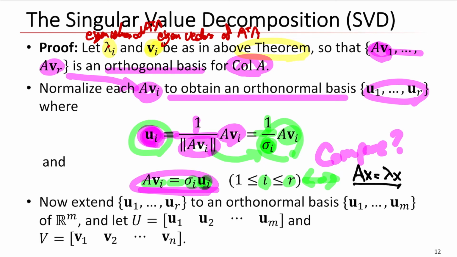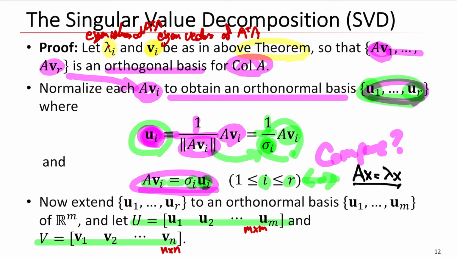Anyway, first of all, we know u1 through ur, right? But the final matrix U and final matrix V should be m by m, and n by n, right?